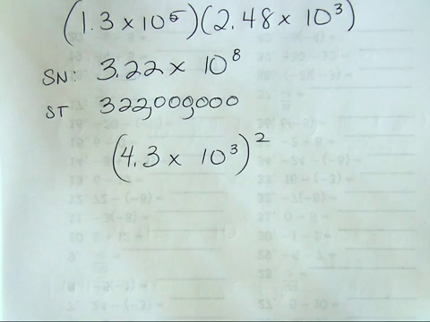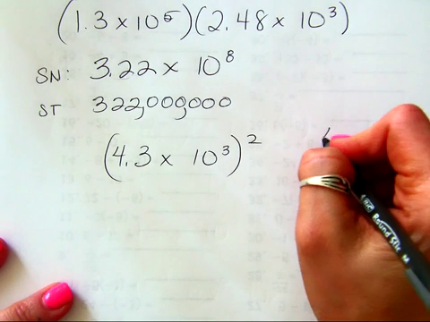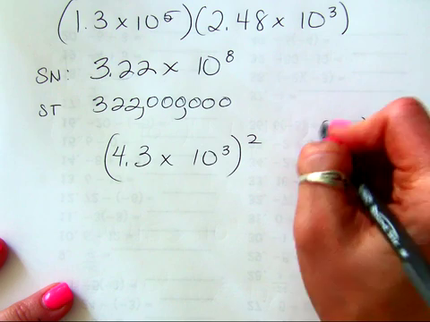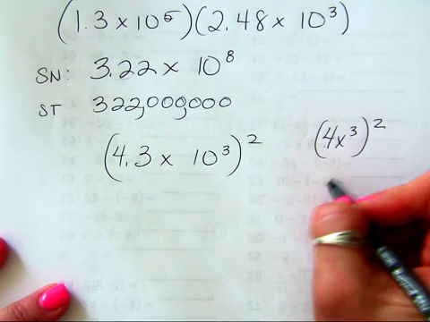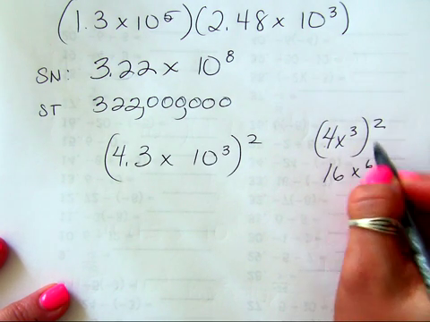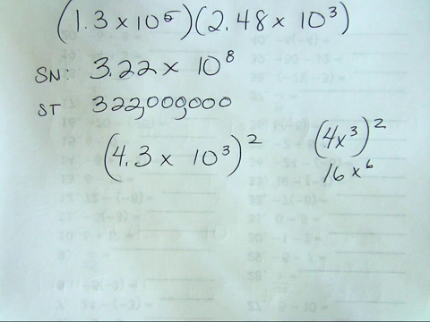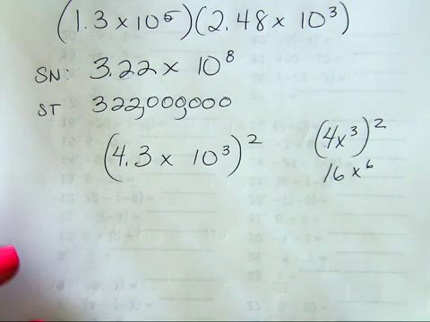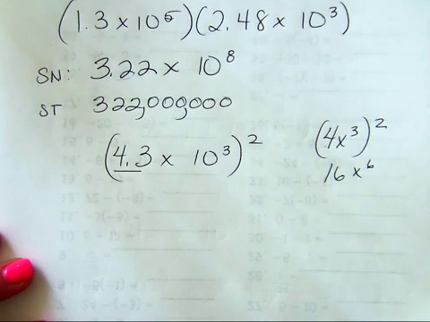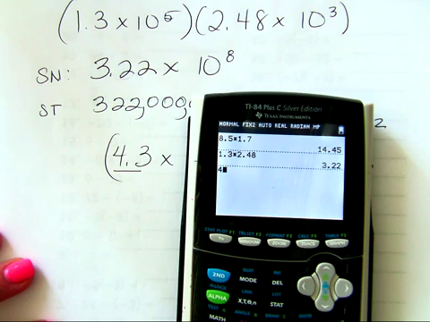The same power of a power rule applies here as it did before. 4 times 10 to the third squared means square the 4.3 and multiply the 3 and the 2. You know that, right? It doesn't mean 3 times 2 on the 4. If they wanted you to do 4 times 2, they wouldn't make that 2 little and up in the air, right? That's what makes it an exponent. So you could say to yourself, I'm going to do 4.3 times 4.3, or just 4.3 squared, and get 18.49.